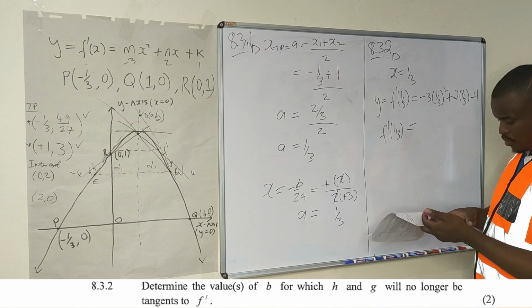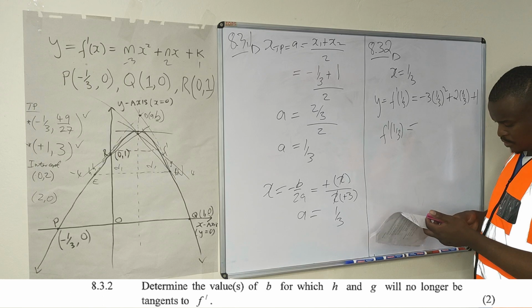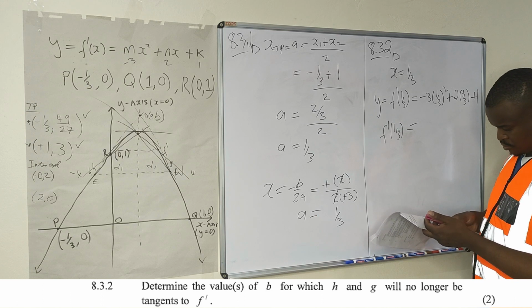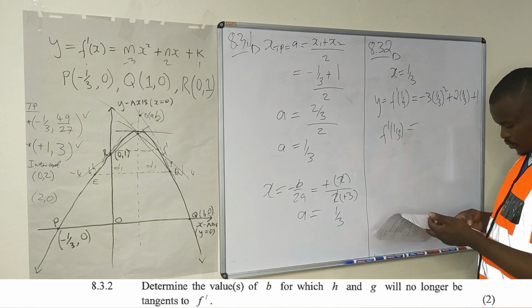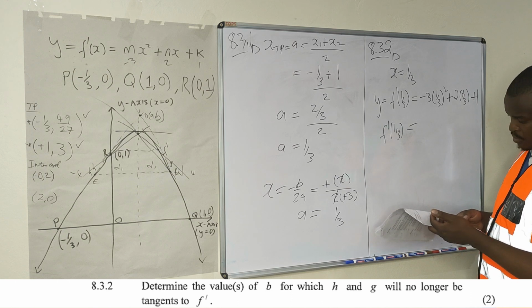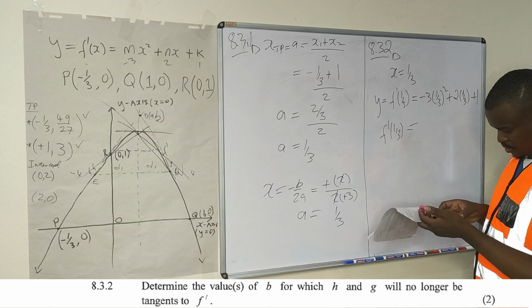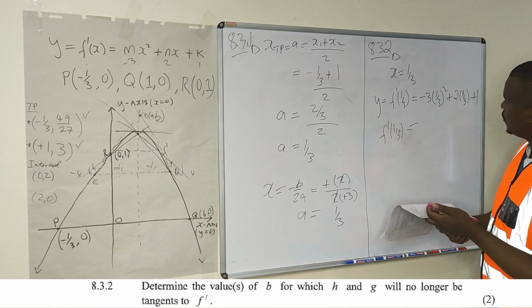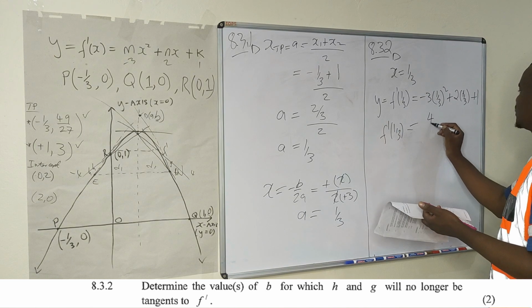You have 1 over 3 squared plus 2 times 1 over 3 plus 1. Oh, sorry. So it's minus 3. Minus 3. So this comes out as 4 over 3.